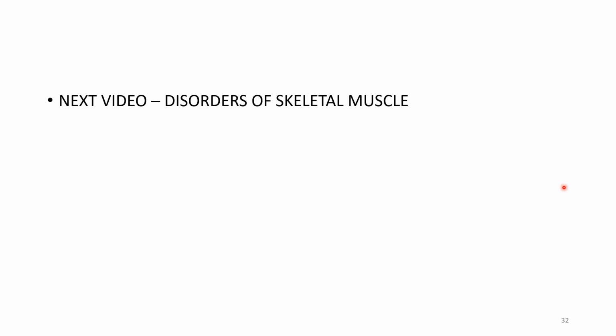Myasthenia gravis is important in the neuromuscular junction, and also abnormal muscle tone, metabolic myopathies, fibrillation, and denervation hypersensitivity. All this we will learn in the next video. Denervation hypersensitivity itself is a separate video, and the remaining we will study.